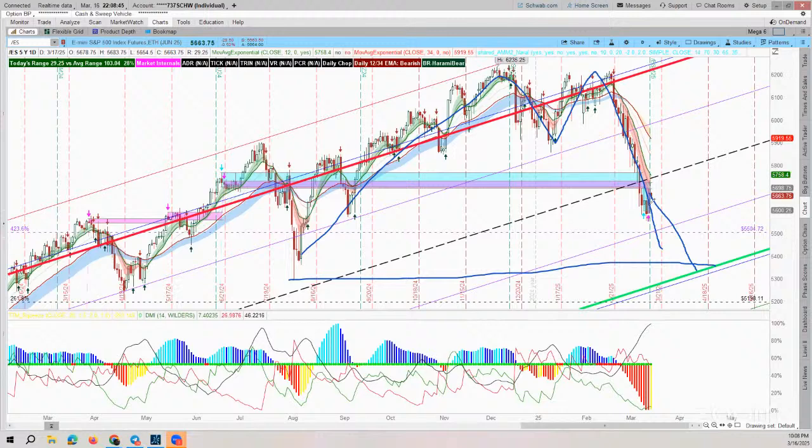If we break that, the kind of length we have for M, expect at least 50% of this length to go down further, which I don't know whether it's going to happen or not. But if we find a very good base around 53, 5400, I think that will be a really good area to go long. And it will be around 15% from the tops on ES, maybe 20% on Nasdaq.